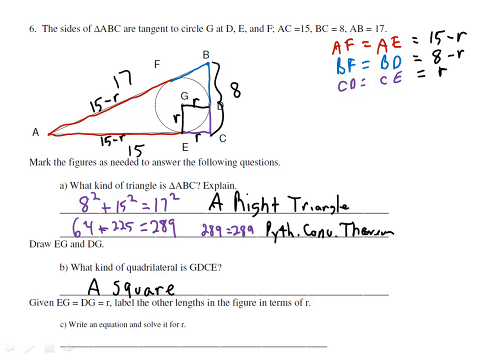We also know that the two that we drew, EG and DG, are also R.